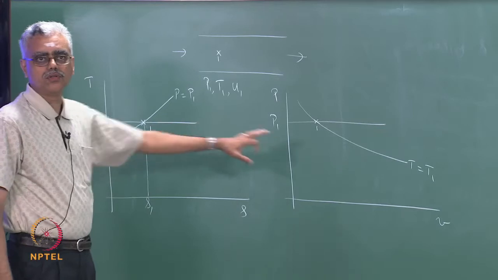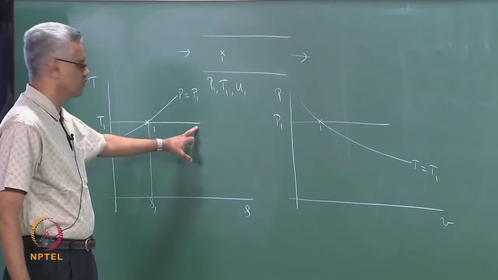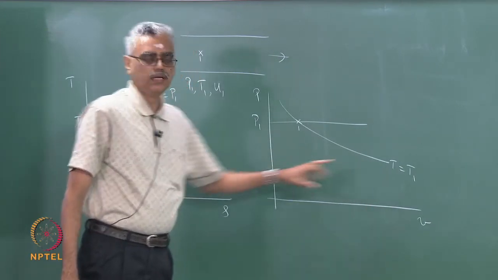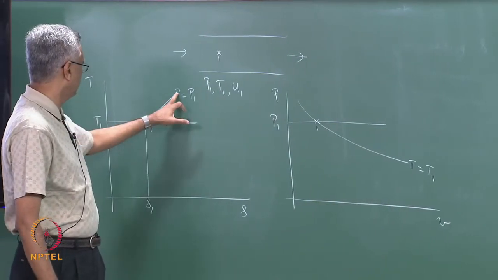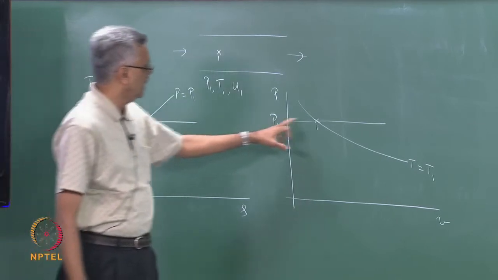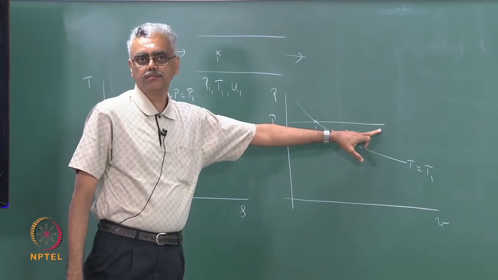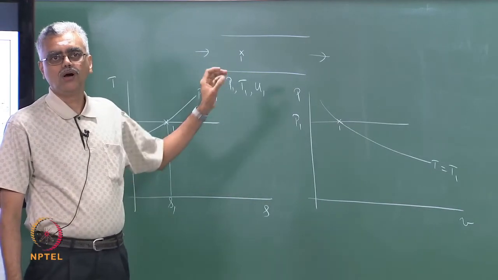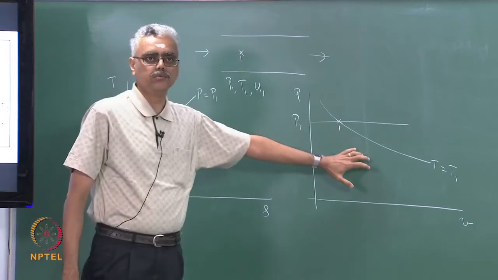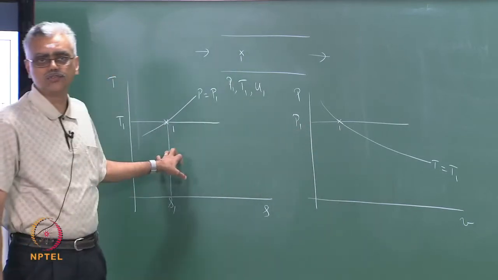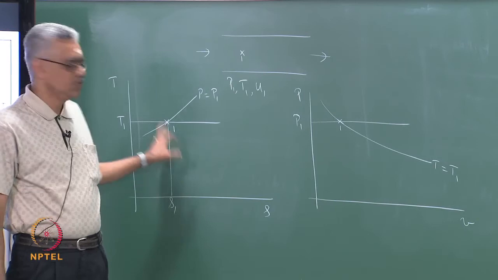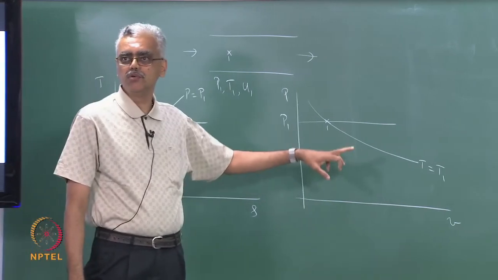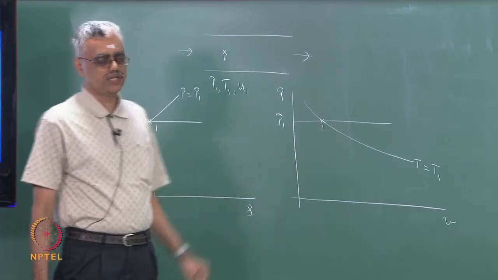Notice that I have drawn the same things here: the isotherm corresponding to T equal to T1 in both diagrams, and the isobar corresponding to P equal to P1 in both. This was the reason why we spent so much time to see how an isotherm and an isentrope look on this diagram, and an isobar and an isochore look on this diagram. Given T and S we should be able to denote P and V, and given P and V we should be able to denote T and S. That was the objective of that exercise.